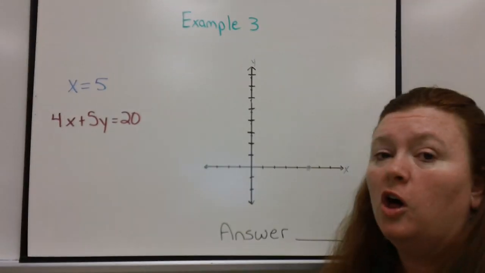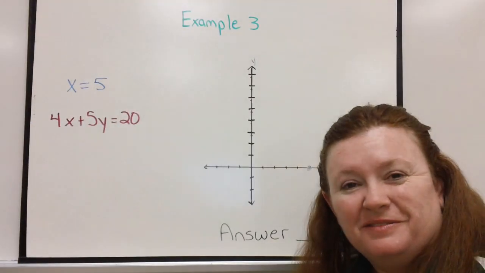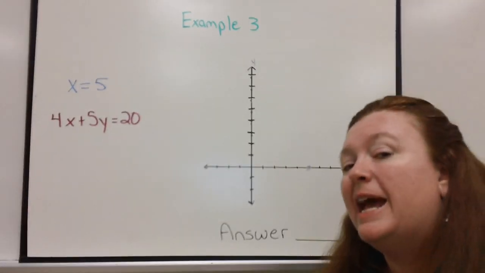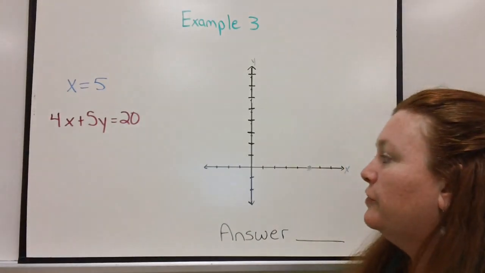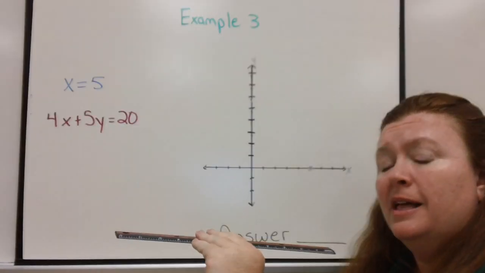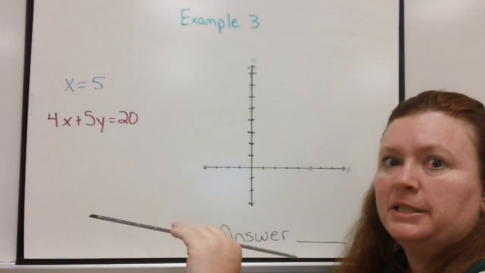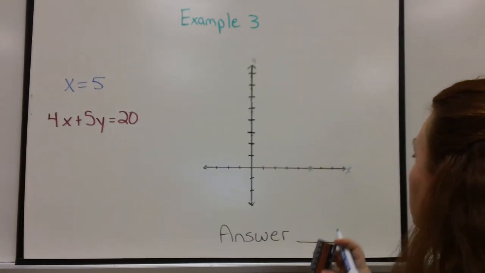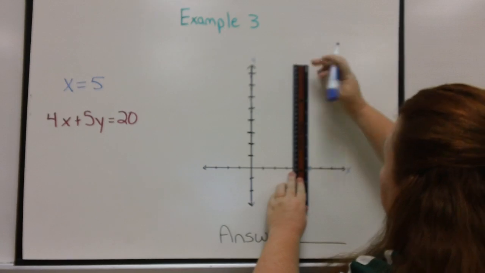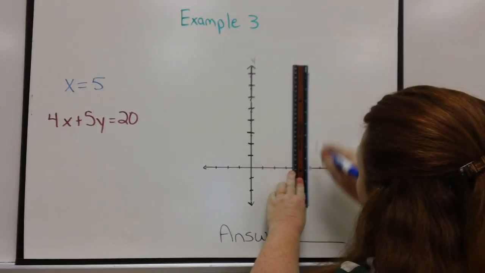But if you recall, it's backwards. The equation x equals is not the same as the x-axis. So if the x-axis is horizontal, the line x equals is the opposite. It's vertical. So I need a vertical line going through this point. And there we go.